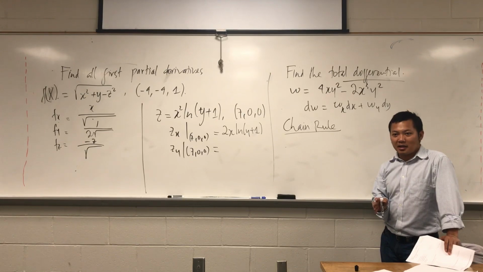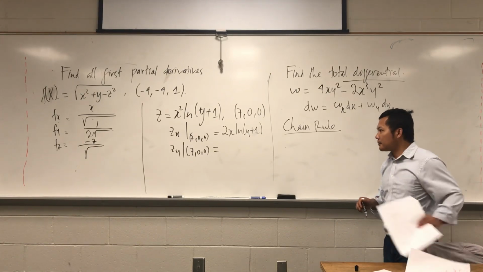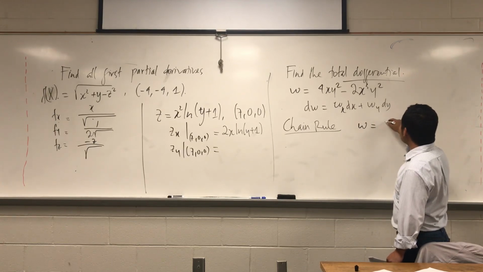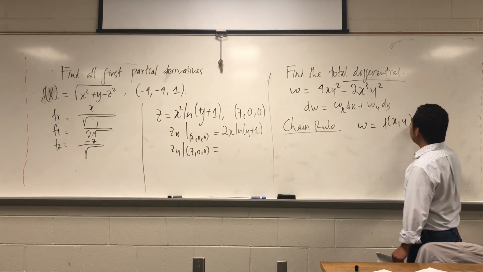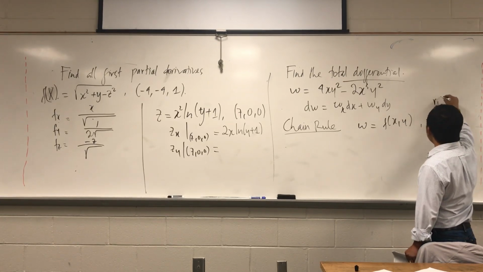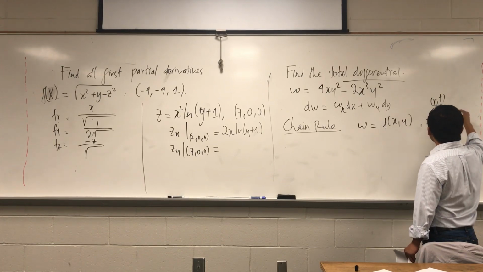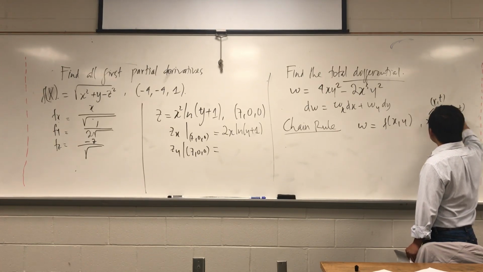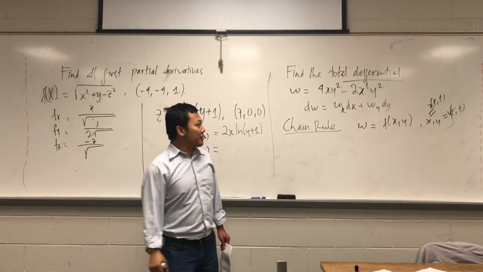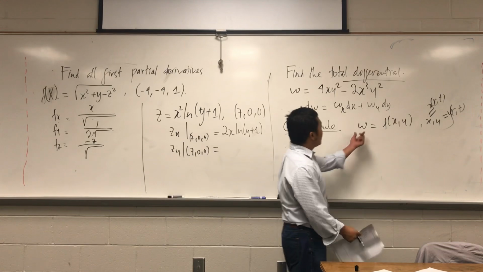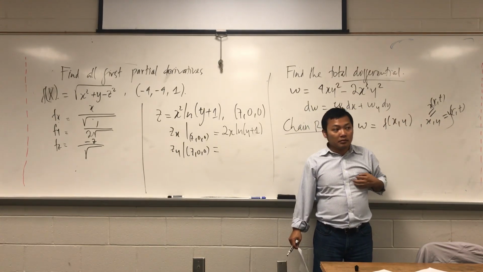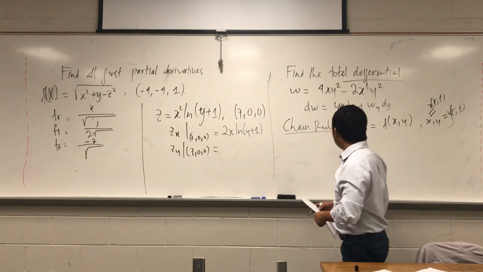Derivative and partial derivatives are different, right? So basically, if you have some function w equal to f of x and y, and then x and y are functions of, for example, r and t, when we need to find partial derivatives of w with respect to r or t, we need to use the chain rule. So the formula is what?